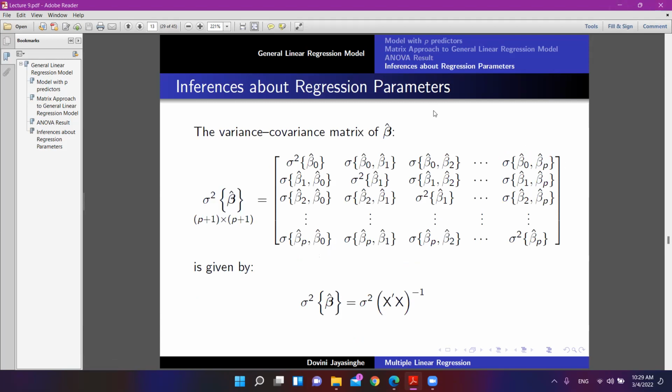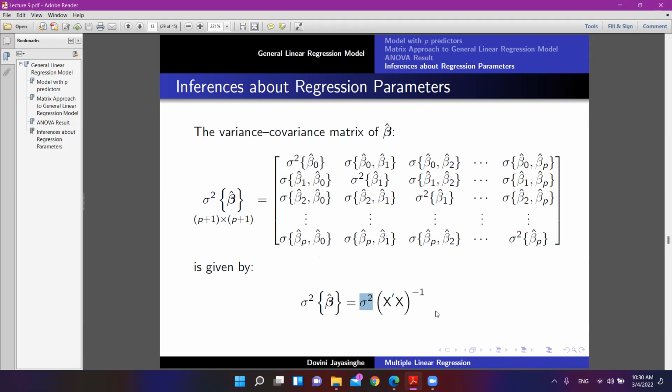Inferences about regression parameters. The variance covariance matrix of beta hat. This is given by this formula. It's very easy. The variance parameter times this quantity, X transpose X inverse, right? As long as this is a parameter, we don't know the value of this.